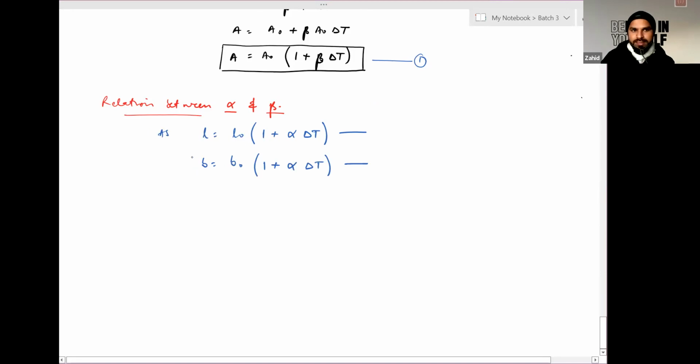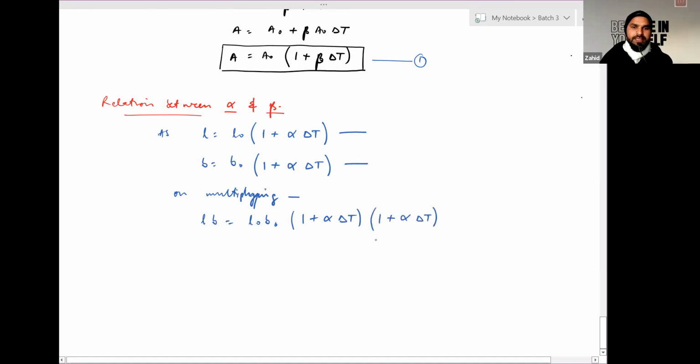Now, if you multiply these two expressions, you will get area. So on multiplying, L into B equals L naught B naught times 1 plus alpha delta t times 1 plus alpha delta t.